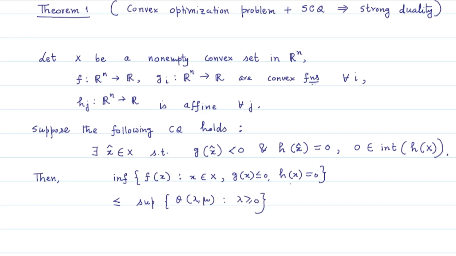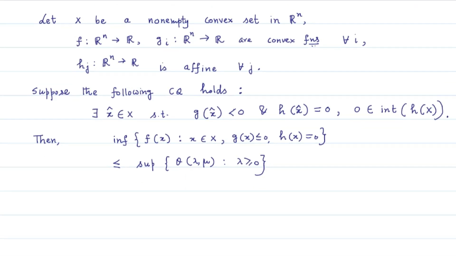So in the feasible set of the primal, the infimum value of the primal objective function is less than equal to the supremum value of the objective function of the dual problem over the dual feasible set lambda greater than equal to 0.